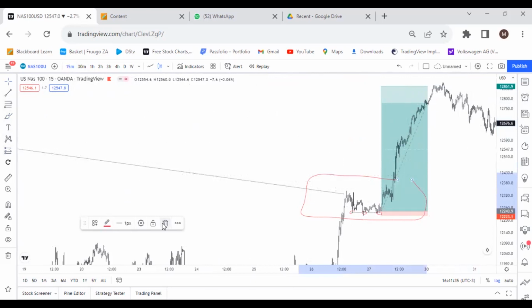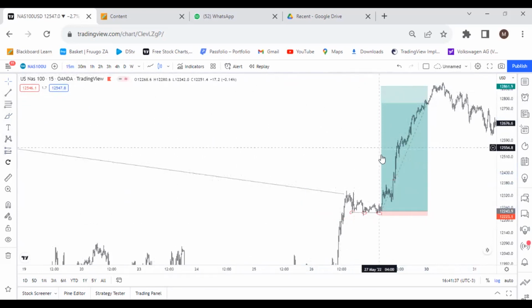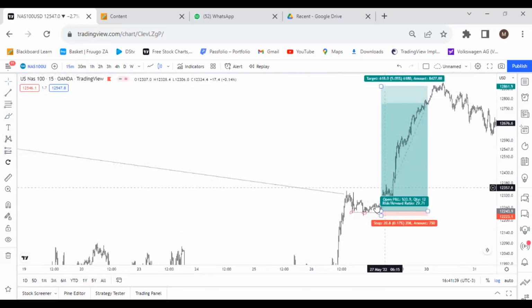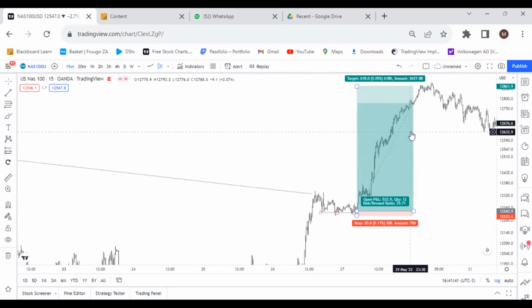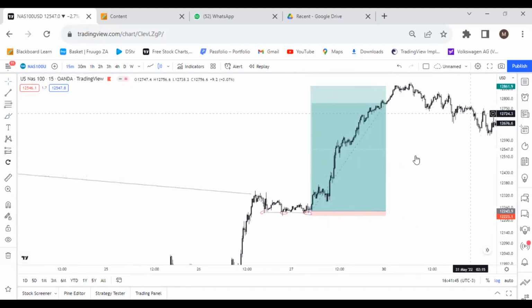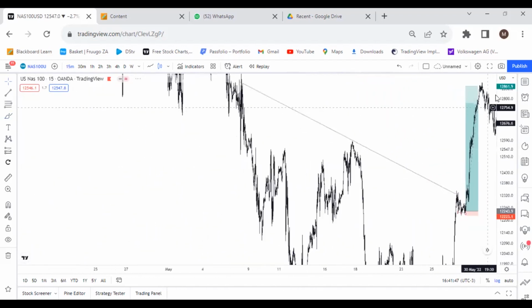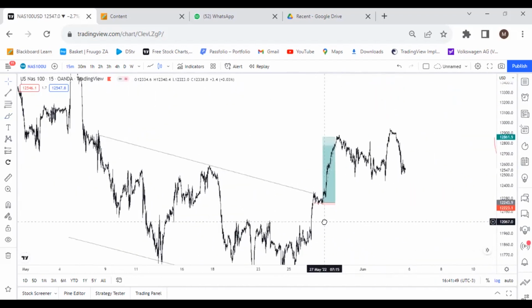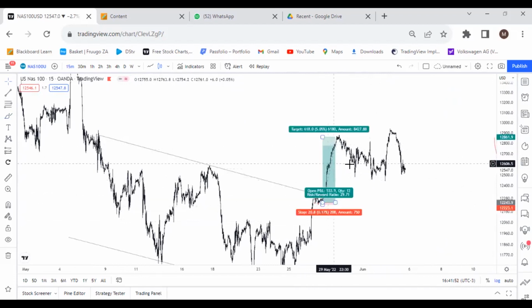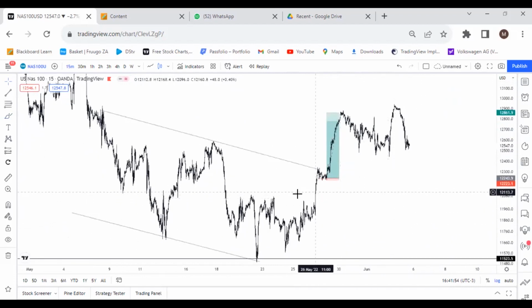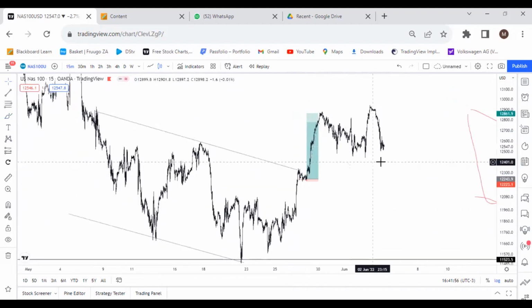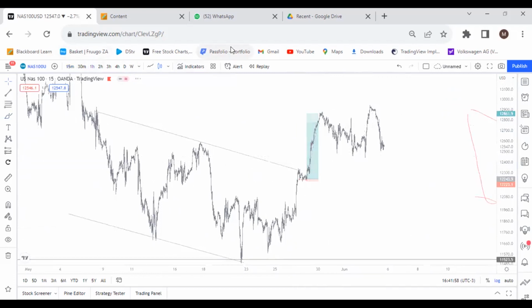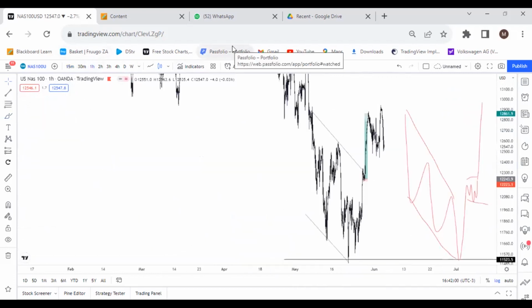And with indices, this is Nasdaq. Catching this movement is very lucrative. So that's how you can use it in a buying scenario: you just flip the two around.